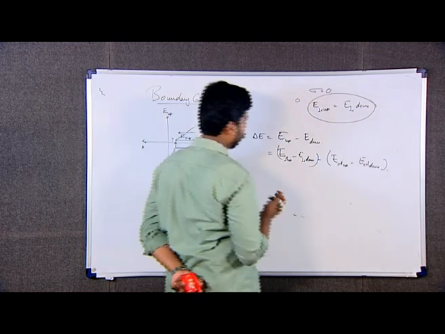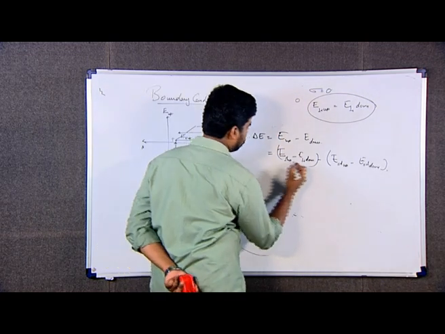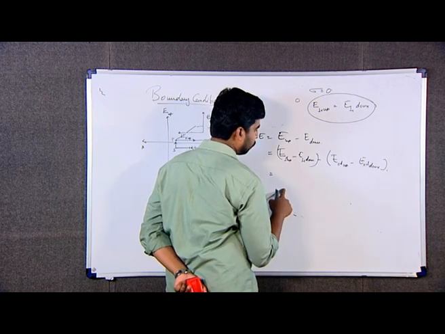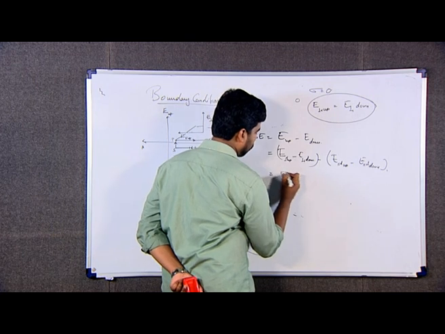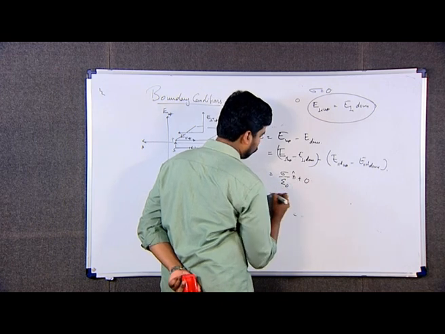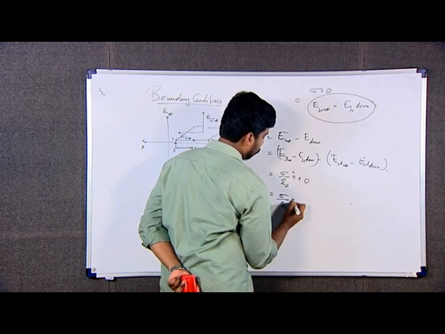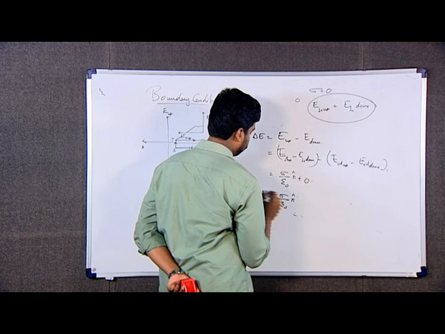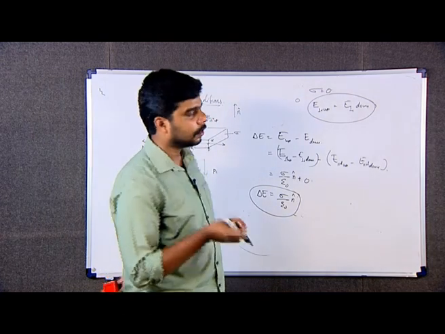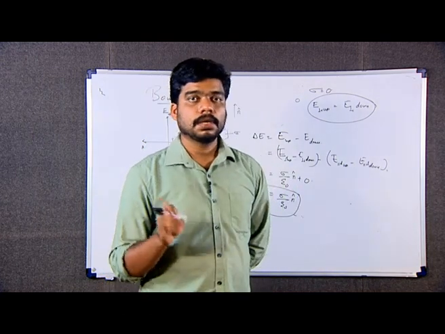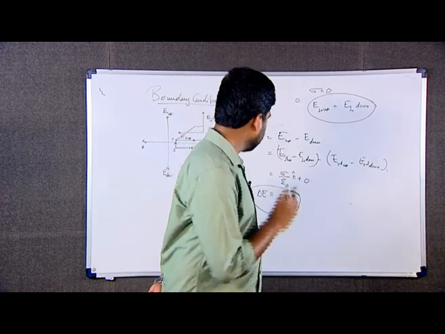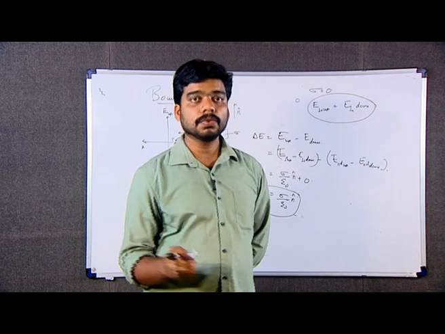This was our equation. So what we will get is E perpendicular up minus E perpendicular down equal to sigma by epsilon 0 into n cap plus 0, which will give you sigma by epsilon 0 into n cap. This is the boundary condition for E if the surface charge density is present. If sigma is absent, then sigma is equal to 0, then delta E is equal to 0.